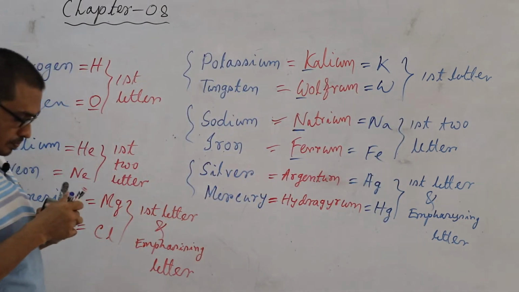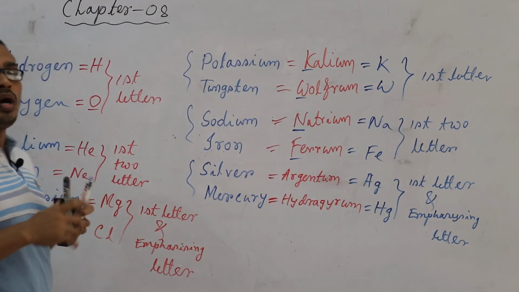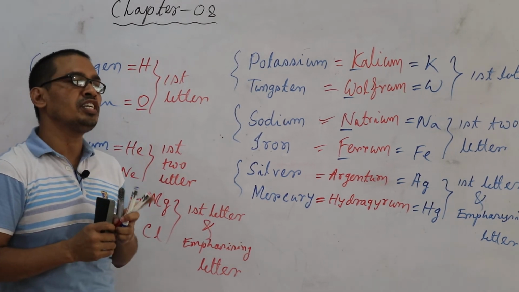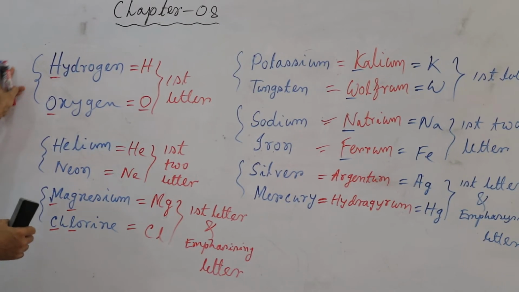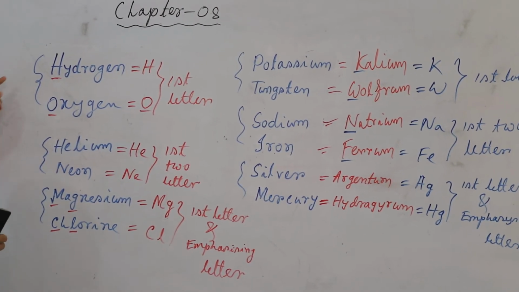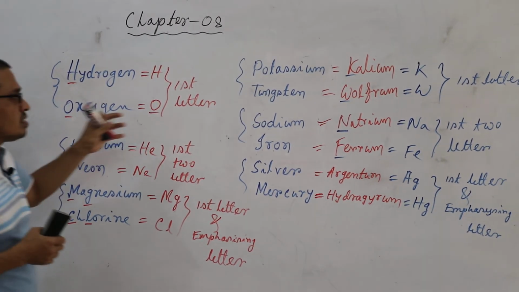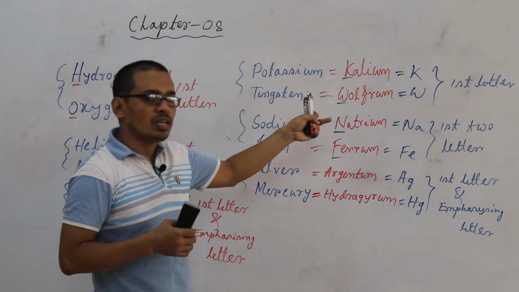Dear students, in this way the names of the 118 elements have been given. For most elements the English name is used, and for some the Latin name is used.